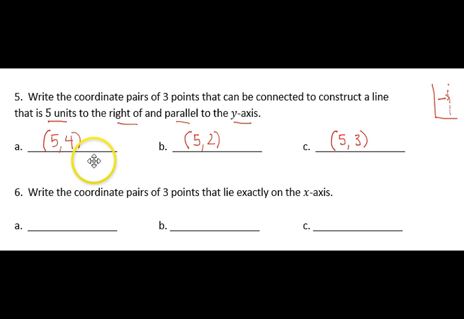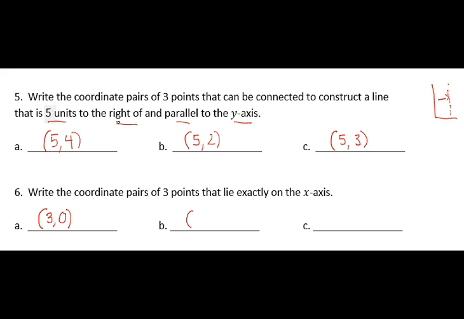Question 6 says, write the coordinate pairs of 3 points that lie exactly on the x-axis. So that means if I start at the origin and move over along the x-axis, I do not have any vertical movement. I do not go up any line. So that means I could move over on the x-axis 3 units, but I would not travel up the y-axis.